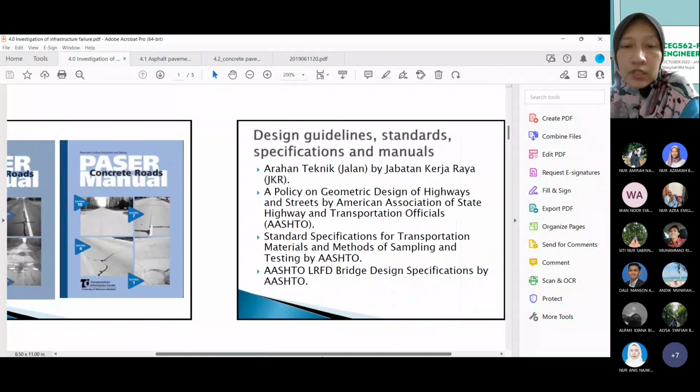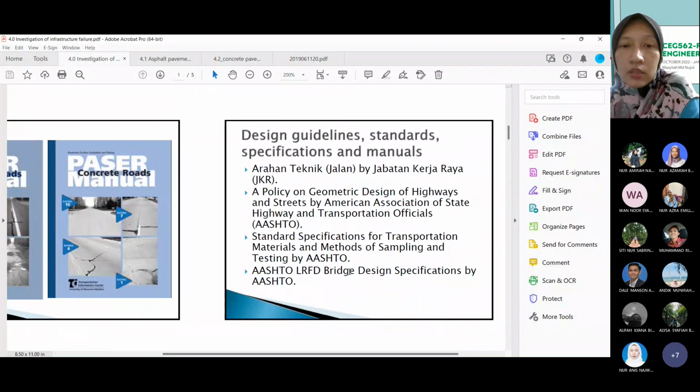Okay, on part of the design in Malaysia, we are using the Arahan Teknik Jalan by Jabatan Kerja Raya, JKR. So if you are doing a final year project on part of the pavement material, for example, you have to cross-check with the JKR guidelines for pavement or road construction.